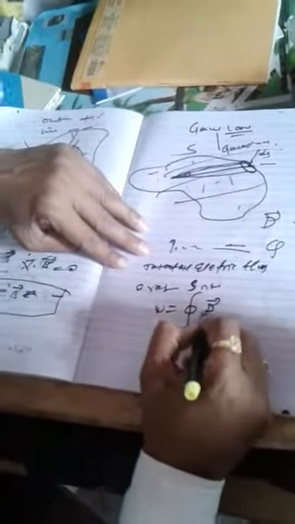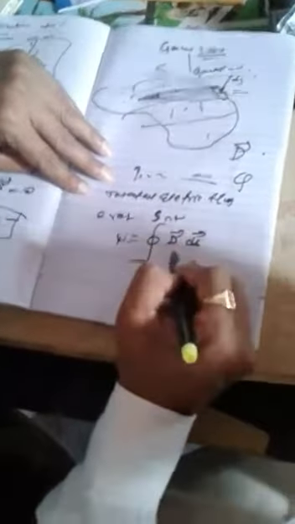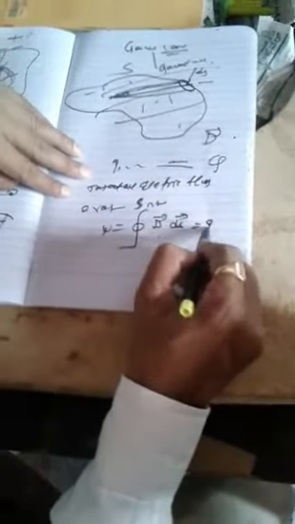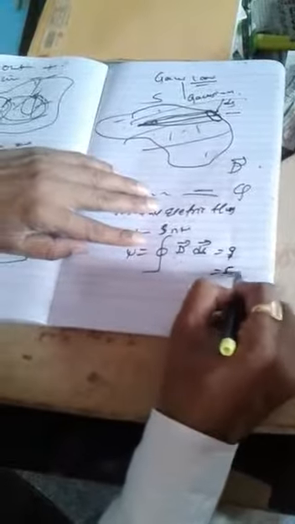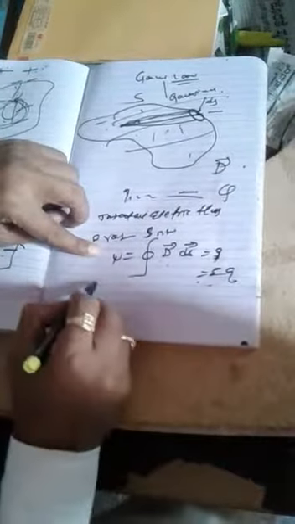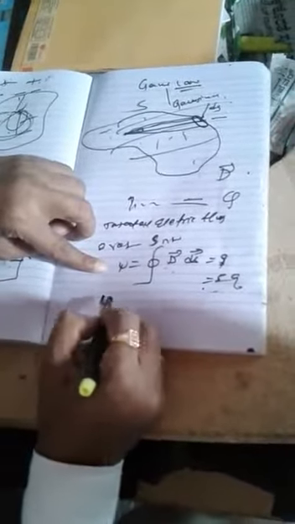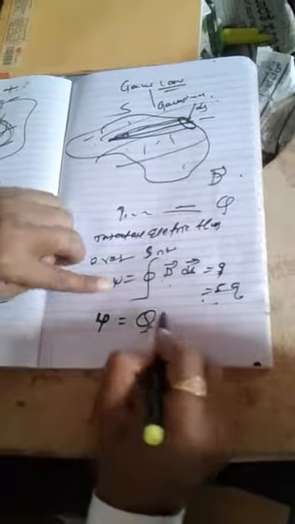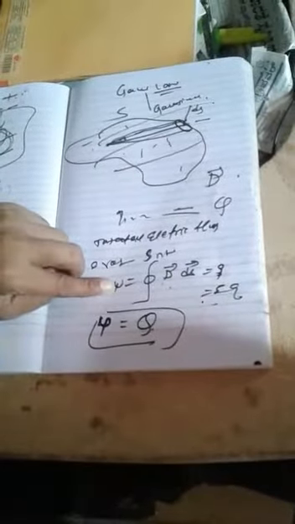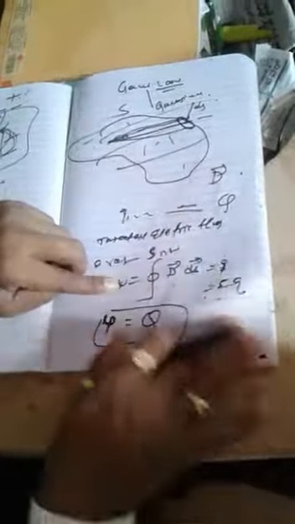So for a closed surface, the density of the charges into the small element is equal to q, where q is not only a single charge but a number of charges, q1, q2, q3, q4, so we take the summation of q. Total electric flux is equal to q, the total charge enclosed in the system.